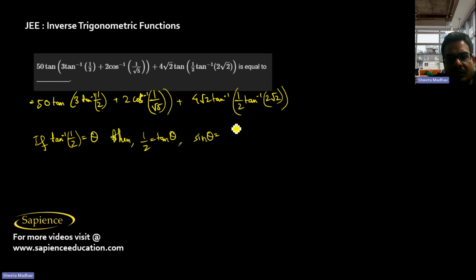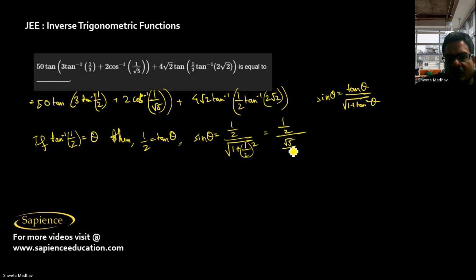Sine theta will be tan theta by sec theta, so tan theta by root over 1 plus tan square theta, which is 1 by 2 whole square. So this will be 1 by 2 by root of (4 plus 1) by 2, root 5 by 2. So this will be 1 by root 5.